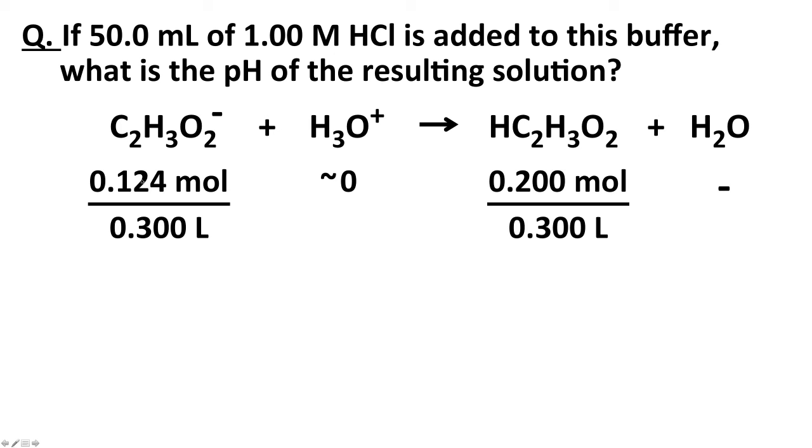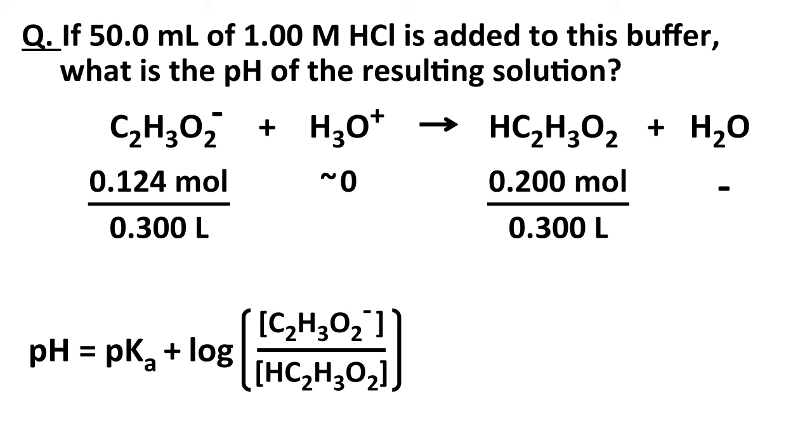And so our new concentration of acetate ion is 0.124 moles over 0.300 liters. And similarly, our new concentration of acetic acid is 0.200 moles over 0.300 liters.